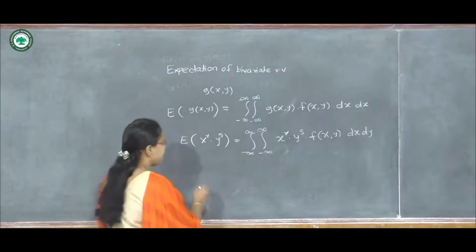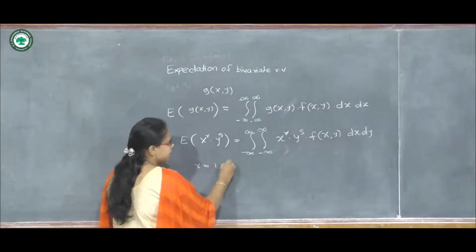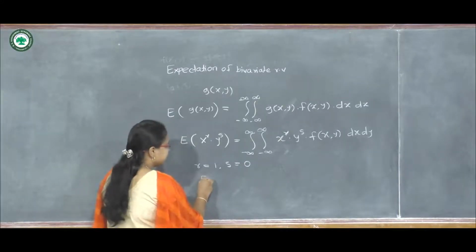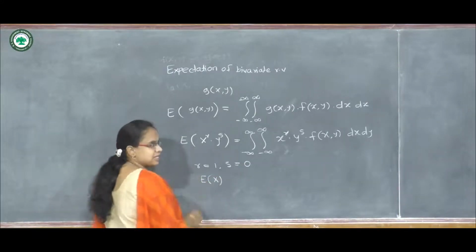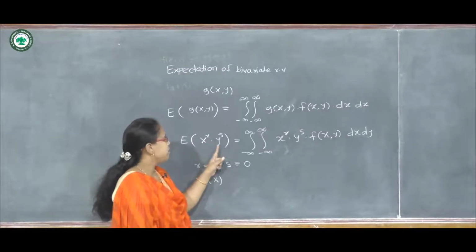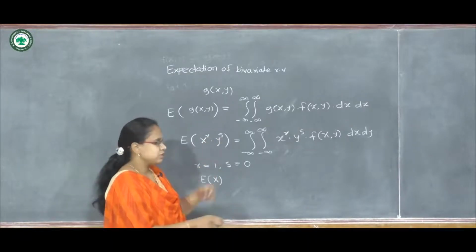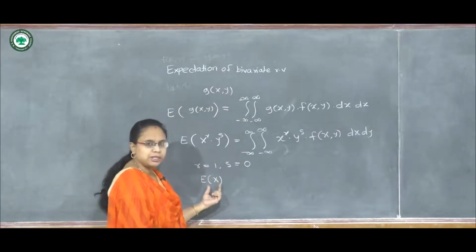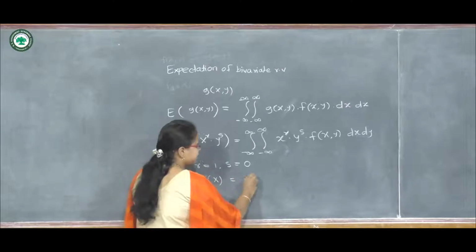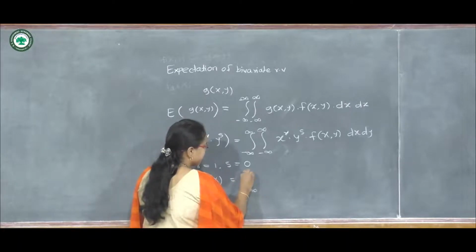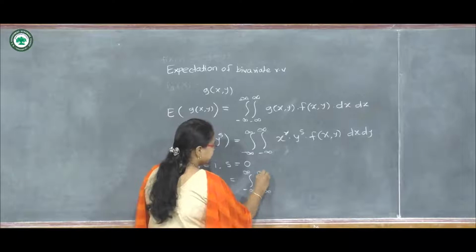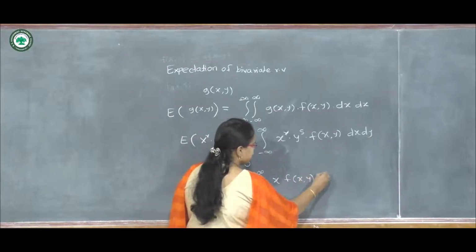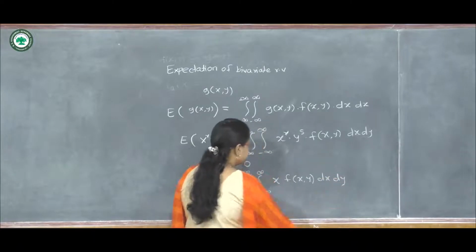Suppose we put r equal to 1, s equal to 0, then it will give us E(X). Its formula will be the double integration of x times f(x, y) dx dy.